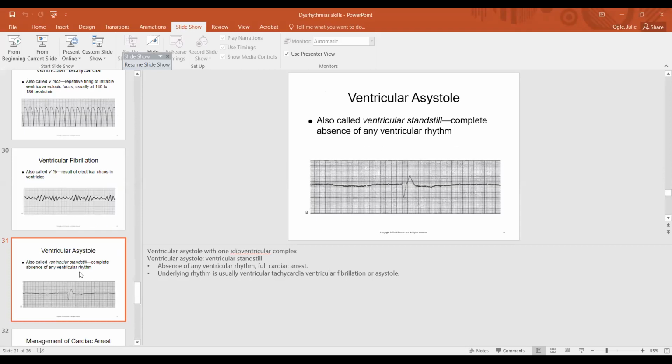Trauma, chest injury. You could choke on something, be deprived of oxygen. Numerous causes for ventricular asystole. Heart failure. Okay.